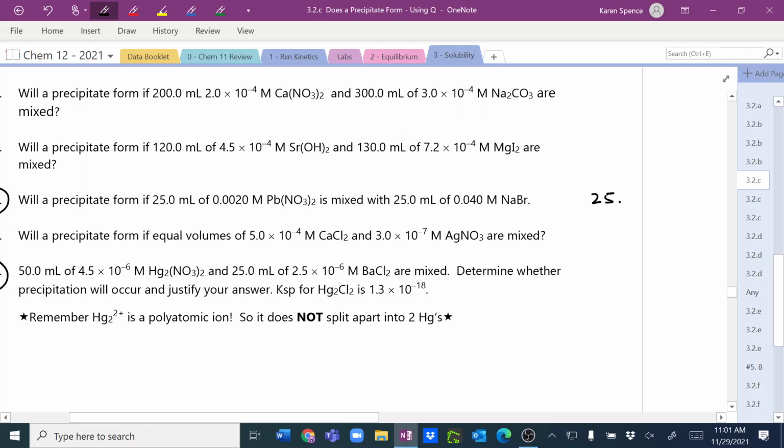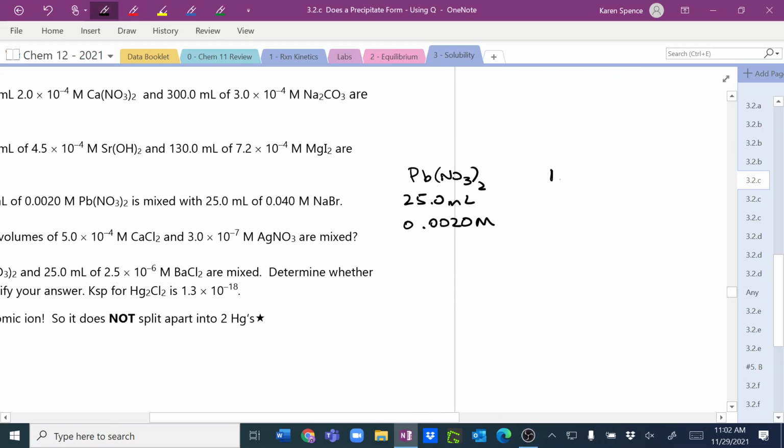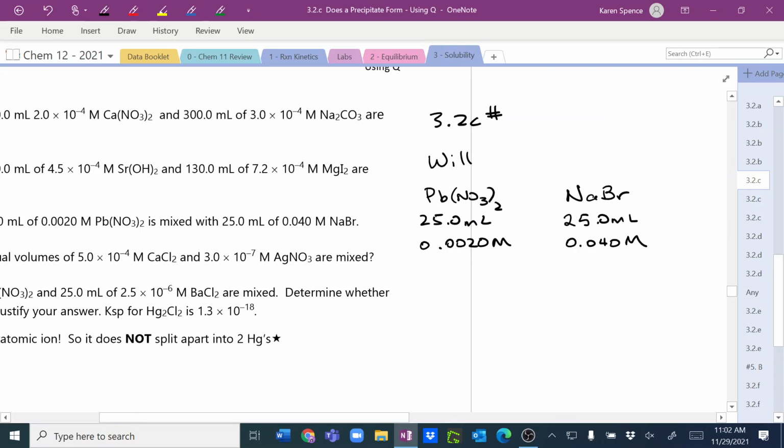We have 25 mL of 0.0020 molar Pb(NO3)2, and we have NaBr, 25 milliliters times 0.040 molar, and we want to know, will a precipitate form? And this is 3.2C number 3.